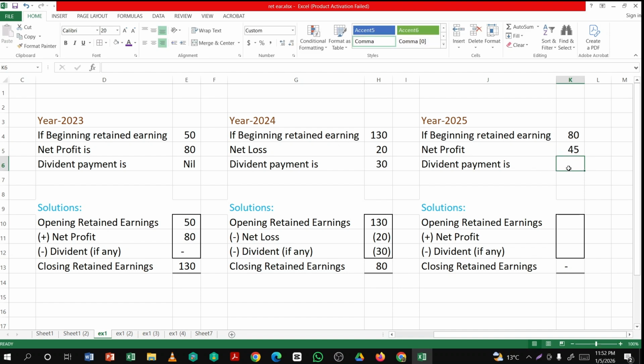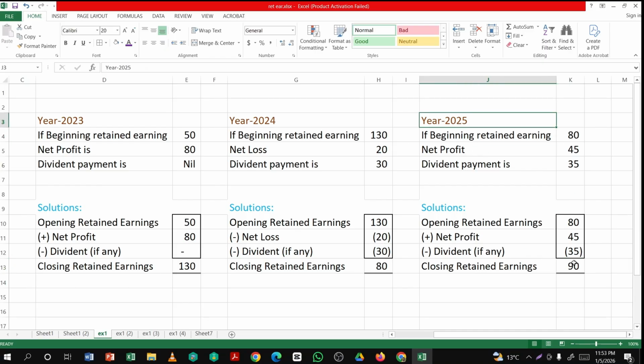Dividend payment is 35. Then the solution will be opening retained earnings 80, net profit 45 minus dividend paid 35. So closing retained earnings in 2025 will be 90.